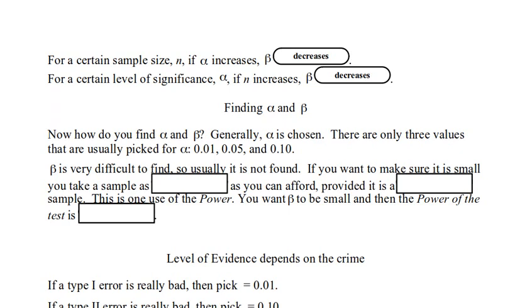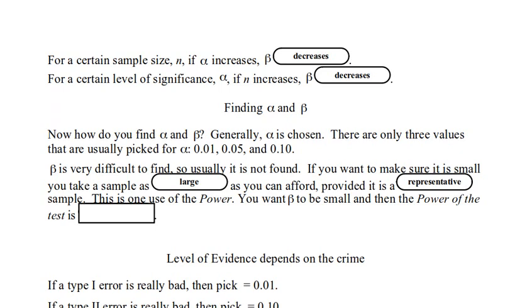There are only 3 values that are usually picked for alpha: 1%, 5%, or 10%. Beta is very difficult to find, so usually it is not found. In fact, I will not be asking you to find beta. If you want to make sure that beta is small, you take a sample as large as you can afford, assuming that it is a representative sample.